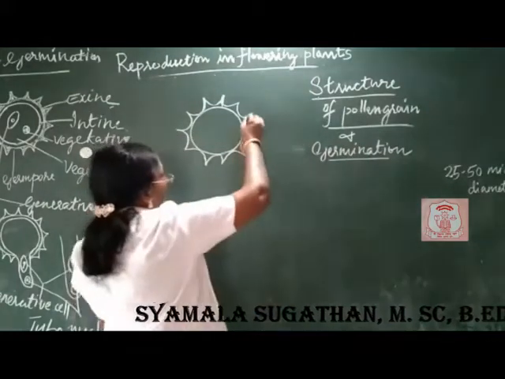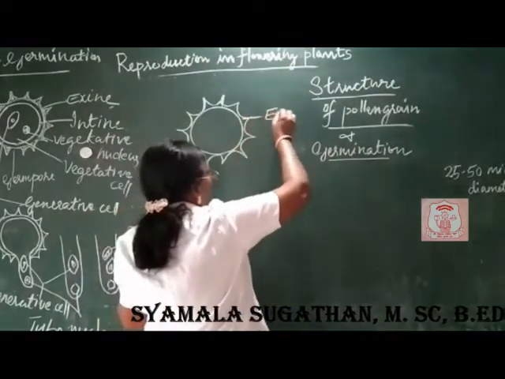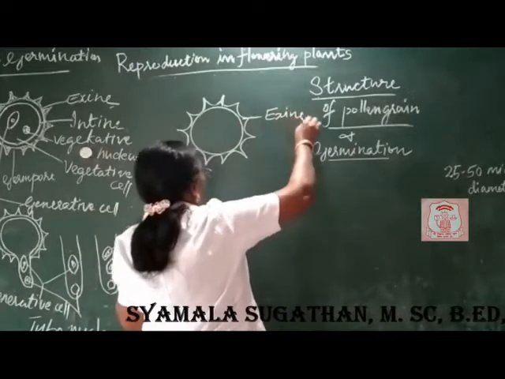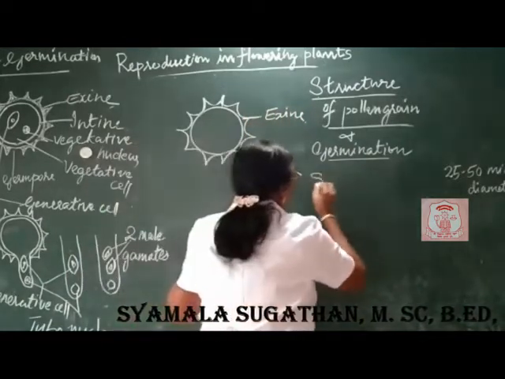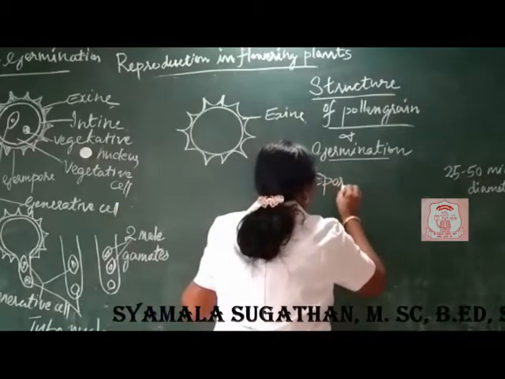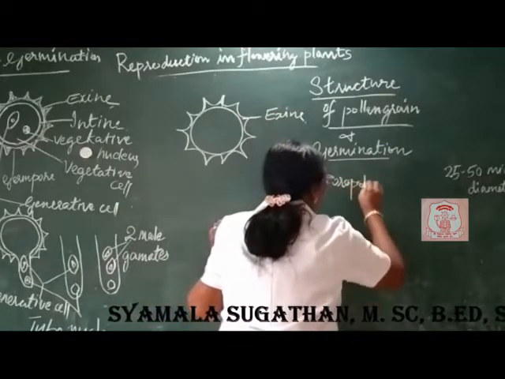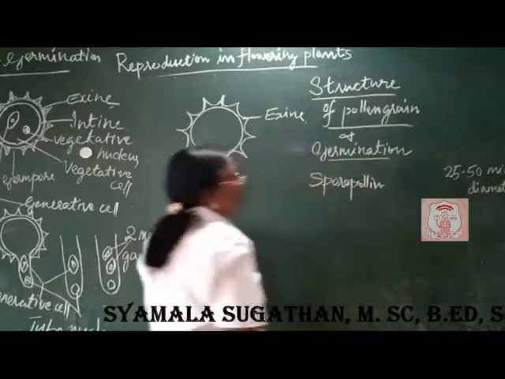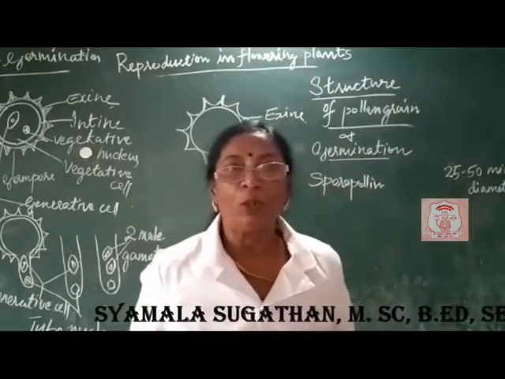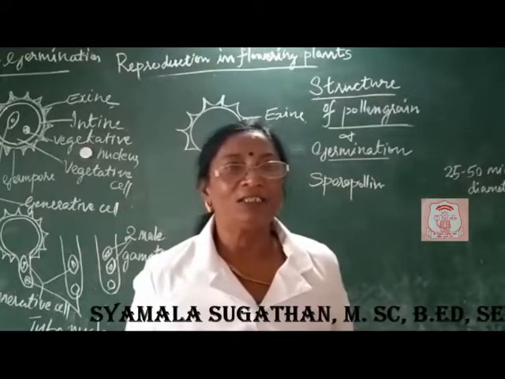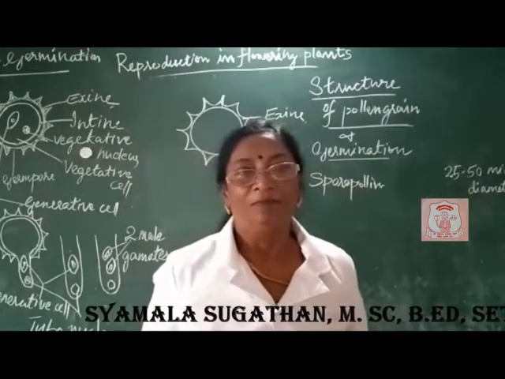And this is called the exine, which is formed of a substance called sporopollenin, which is one of the hardest substances in the biological world.